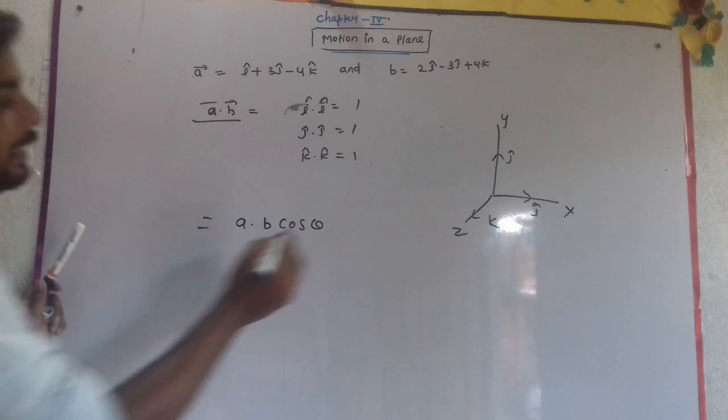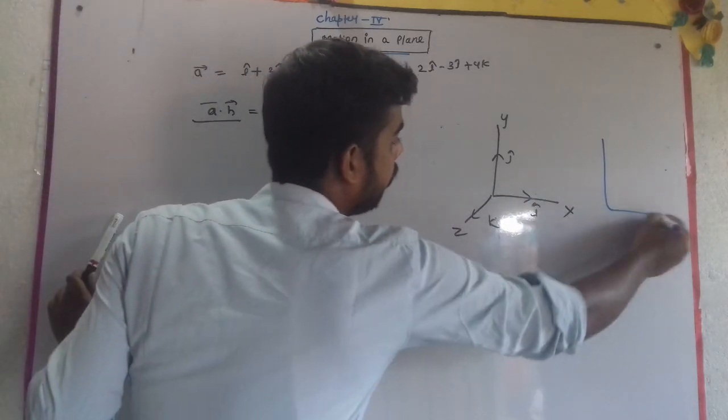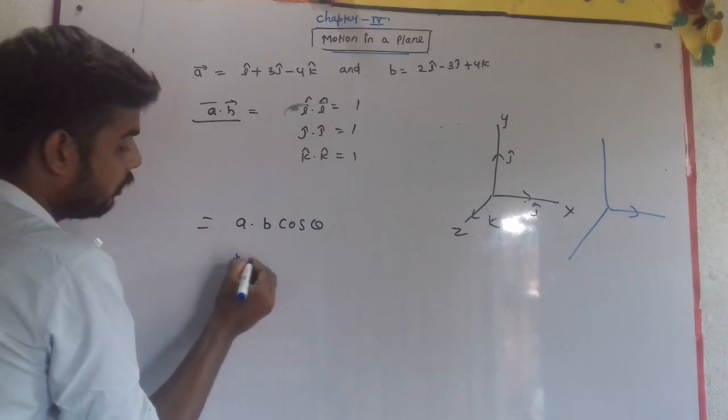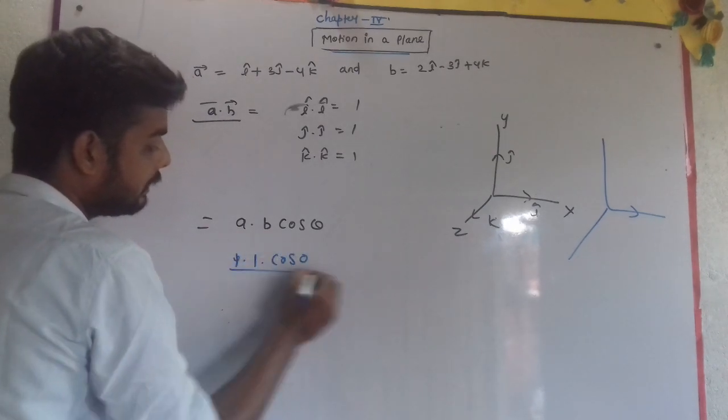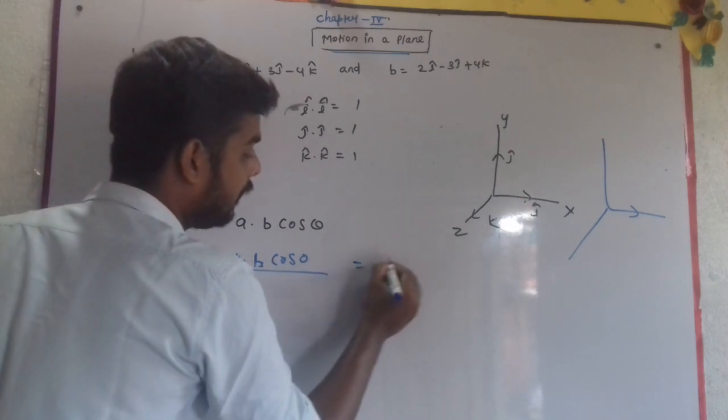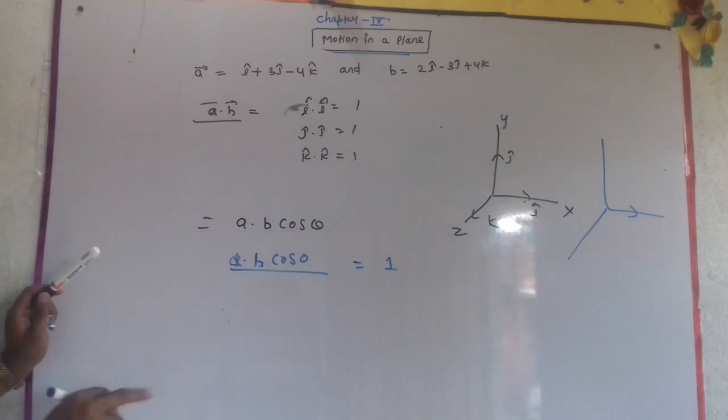If i dot i is in the same plane, if we have two vectors in the same direction, then 1 dot 1 cos 0, because the angle will be 0. So we get cos 0 equal to 1, so we will get 1.